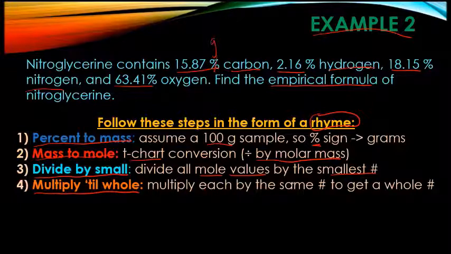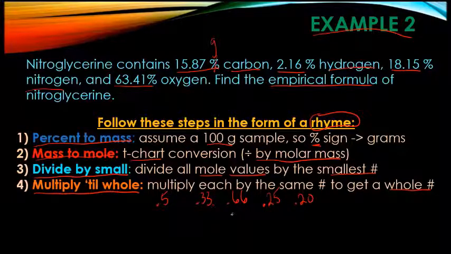So if you do end up getting one that is not a whole number when you do the divide by small, say you get something that's a 0.5 or something like a 0.33, something that's around a 0.66. Even I've seen 0.25s and 0.2s as well. Usually there might be a 0.65 or a 0.34, something very close to that, but you would know that you need to multiply it until you get the whole number.